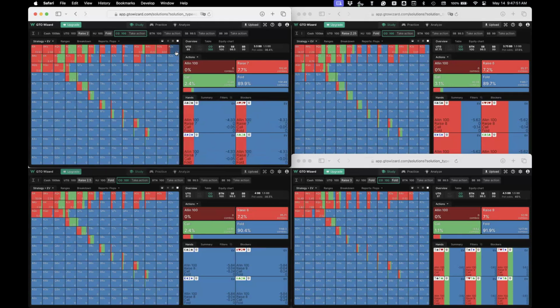Quick look, very similar responses. What are the major differences here? Yeah, you're right, they're very similar. You can't play the 9-9, 8-8, 7-7 against him because he doesn't have the lower ones.